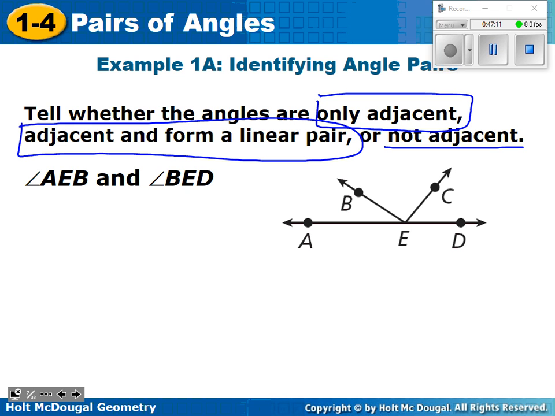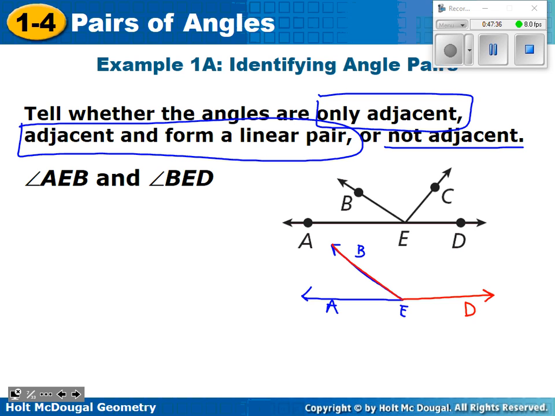What I usually find helps for students is if you redraw those two angles away from the picture. So draw AEB, I'm going to redraw it down below. Here's AEB, and then I'm going to draw BED. Now look at the two angles.